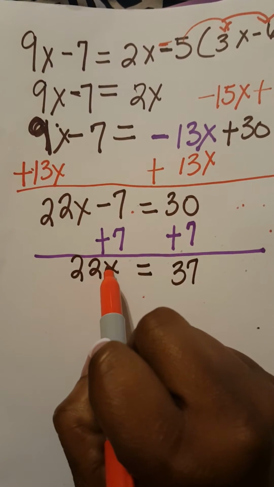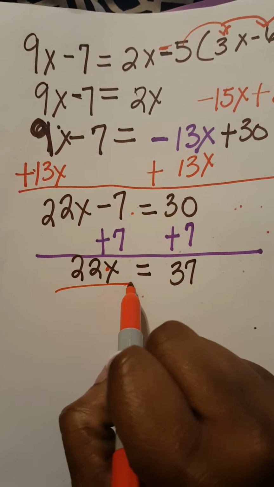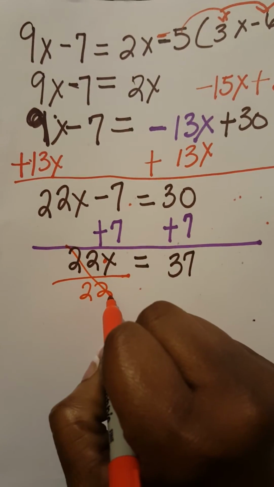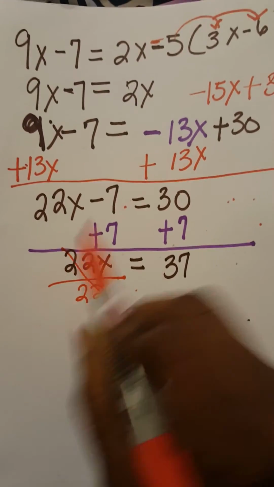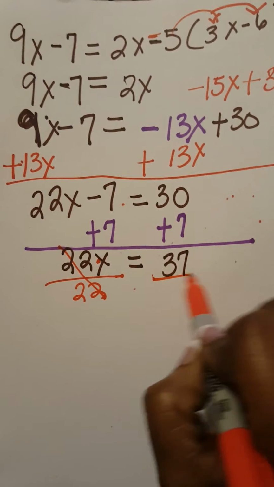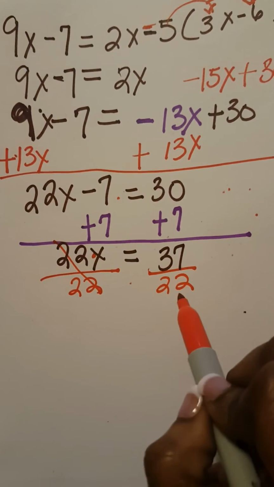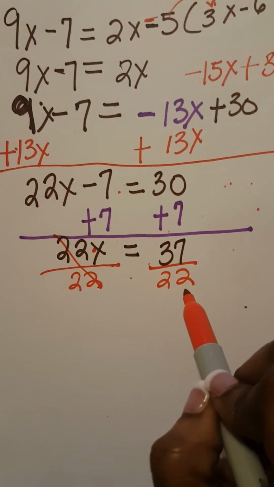All right. So as before, as stated, since this variable, this number is actually held by a multiplication here, I'm going to use the opposite and divide it by 22 to cancel out. Okay, if I did it to this side, I also need to carry out the same function over here, which would be 37 over 22.